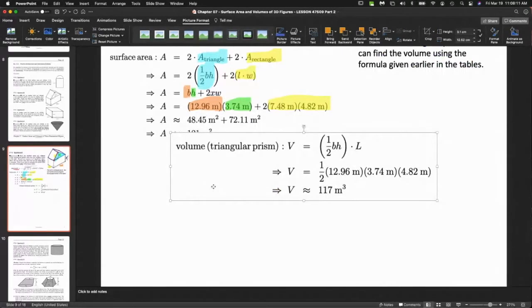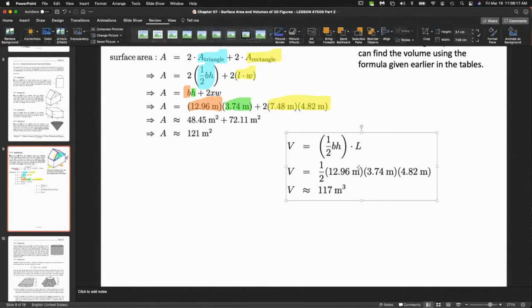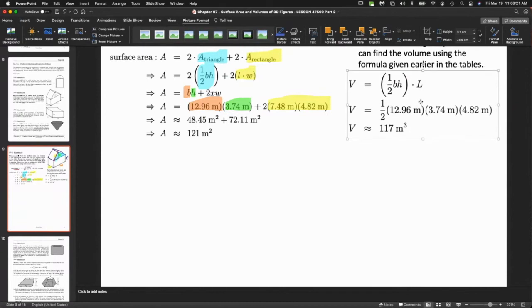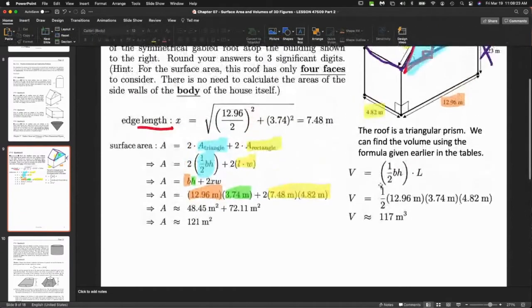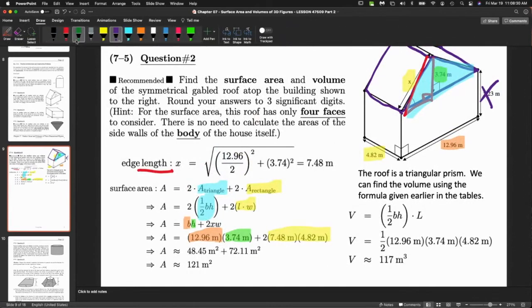So we don't need to write triangular prism there. Let me just cut that all out. So there you go. So in this case, the only thing you need to figure out is what L is. So L refers to the depth of the prism.